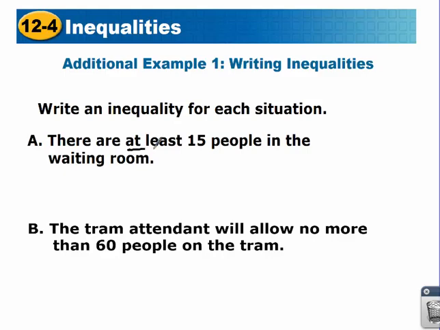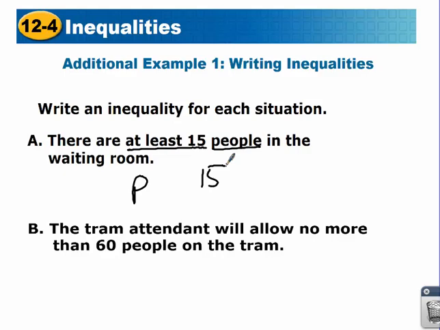So this at least 15 is important. So what you're going to do in an inequality statement is you're going to pick a variable. In this particular one, we're talking about people. So I'm going to use the variable P. Then I'm going to put the 15 down. Now what I need to know is that 15, is that going to be a minimum number or a maximum number? Okay, and that will determine the symbol that we use.